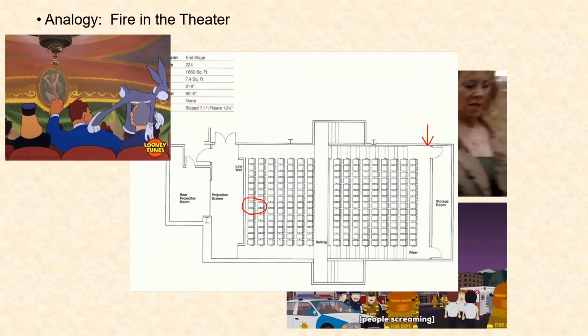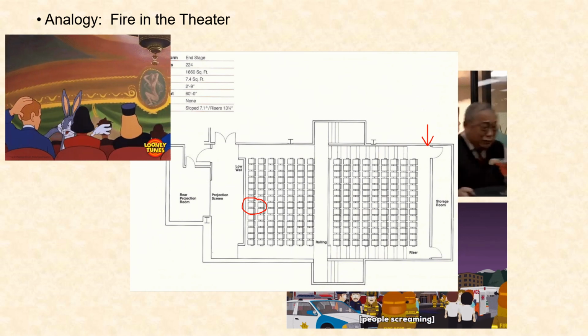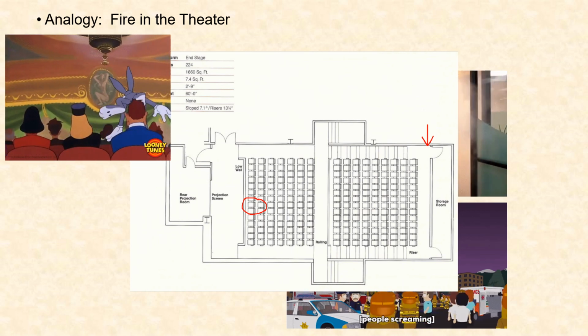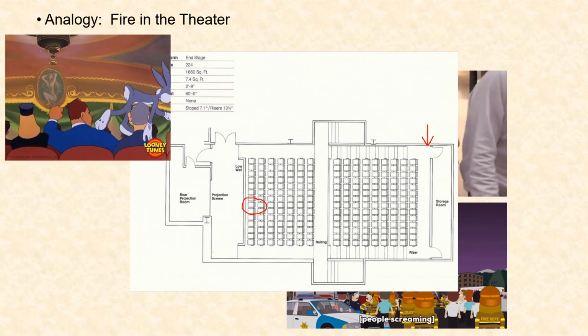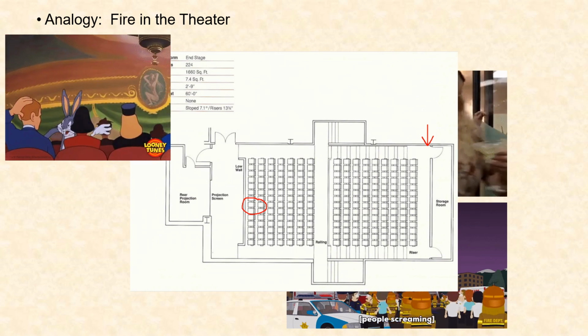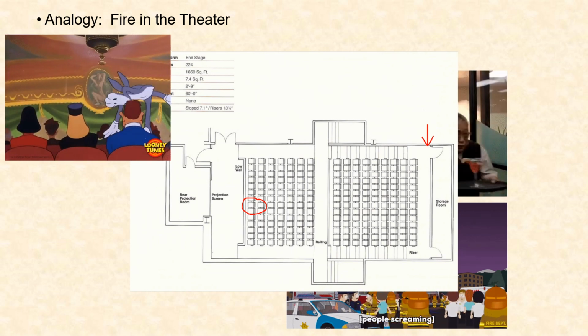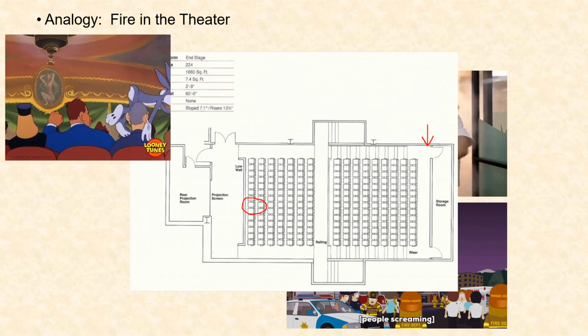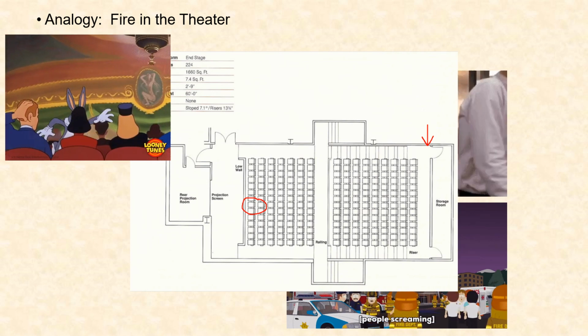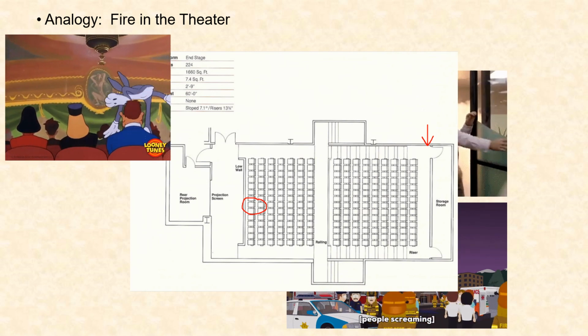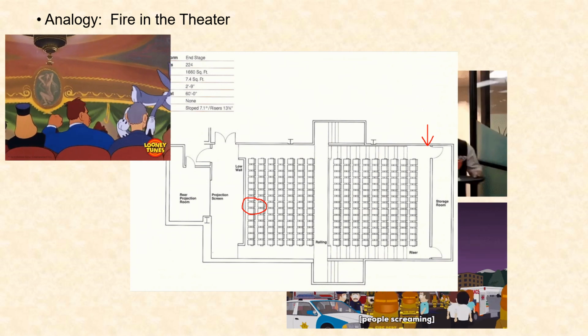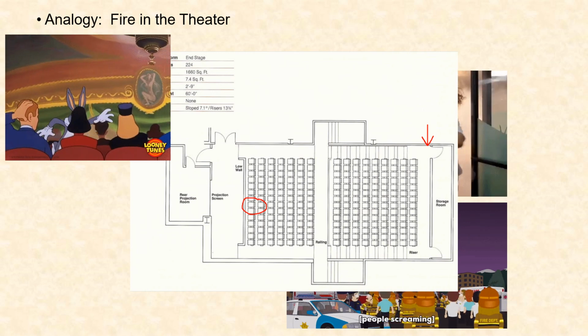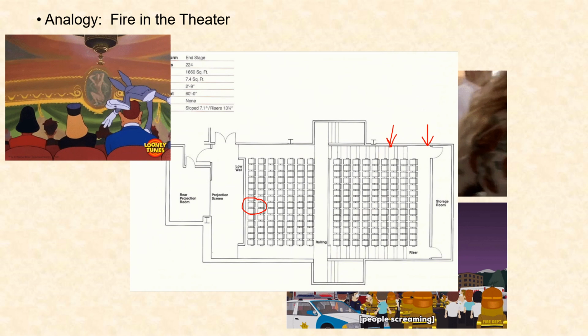Now, when it comes to cross-sectional area, we can see that that is analogous to the number of side exit doors that are open. In the case I have shown right here, if there's only one exit door open, so that we have a very small cross-sectional area, that's going to greatly restrict your ability to get out of the theater in a timely fashion.